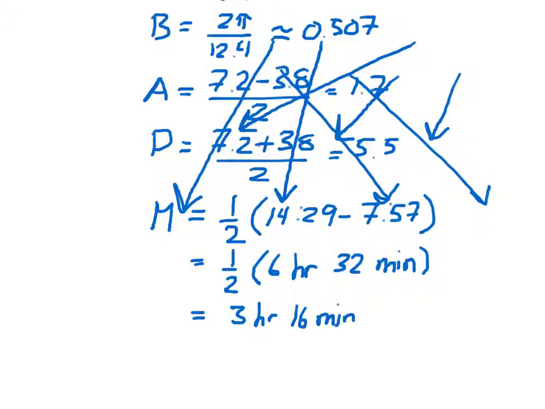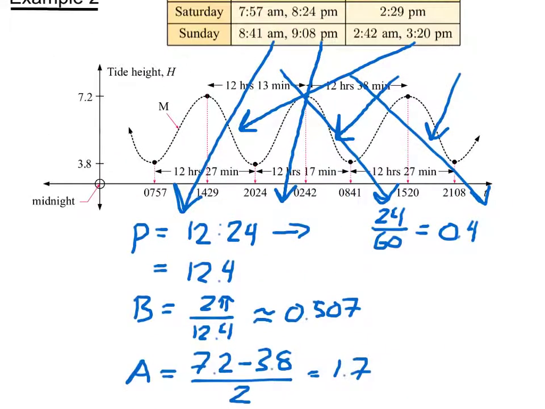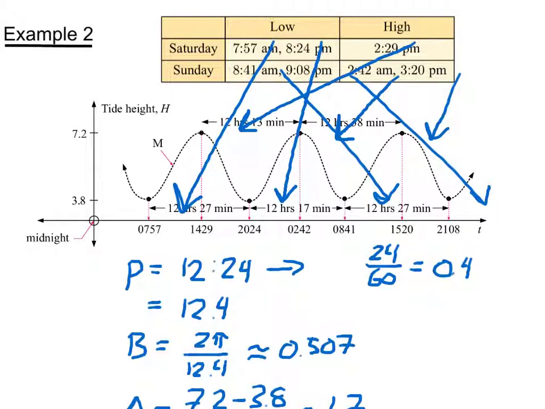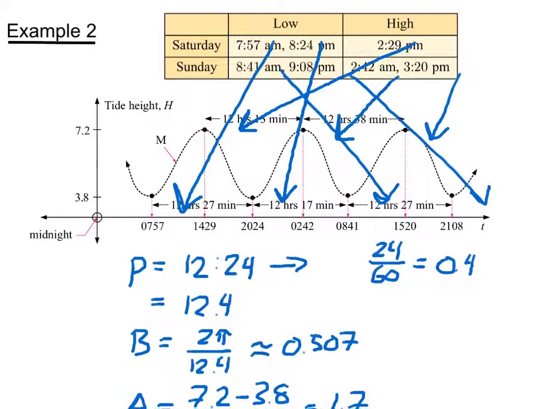And again, if I convert, well, first I need to add this to the time of the first low tide, and that's because this extra time that I'm finding is this distance right here, but I need to go all the way back to the y-axis, so I need to add the time of the first low tide as well.